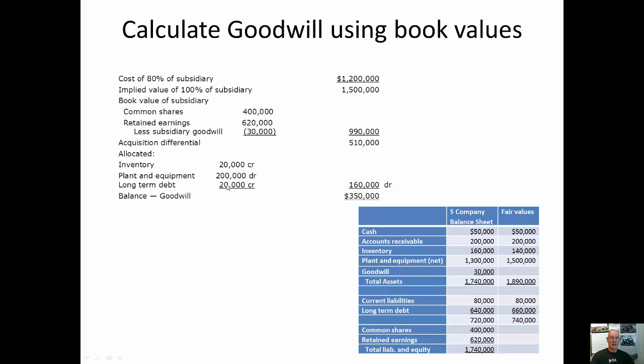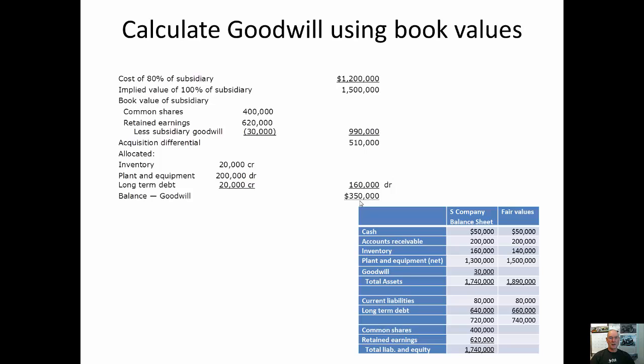When we put these together, we have a $160,000 debit. So this is an increase over book value. It uses up your acquisition differential. So 510,000 less 160,000 allocated gives us goodwill of $350,000.